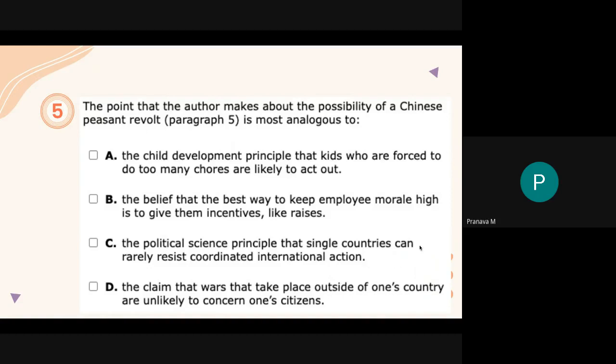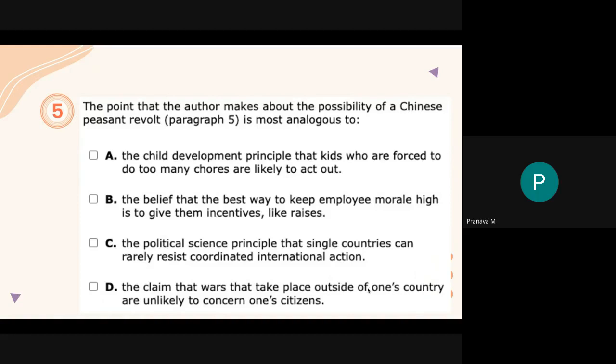This is relevant to the part where China is unable to resist the European powers, but it doesn't have to do with the part where the Chinese peasants are revolting. So you also have to make sure that even if this might be applicable to another part of the passage, it doesn't answer this particular question, which is talking about the peasant revolt part of the passage.